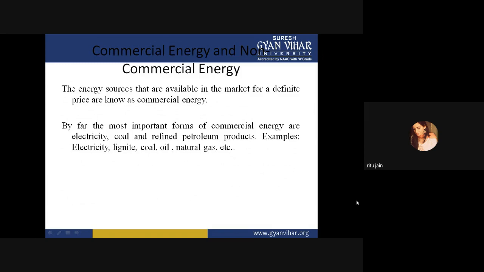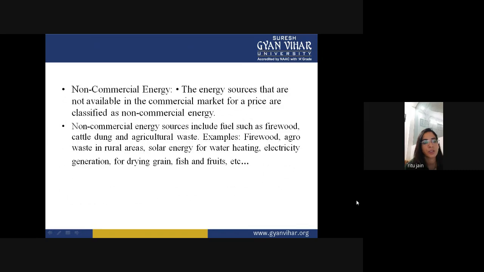When a power plant is set up, after that you have to operate the plant using fuel, and the operation will depend on how much energy you require. So the electricity cost is fixed, and you have to pay some amount to get the electricity, right? These are commercial energy, sold in a definite market for a definite price.